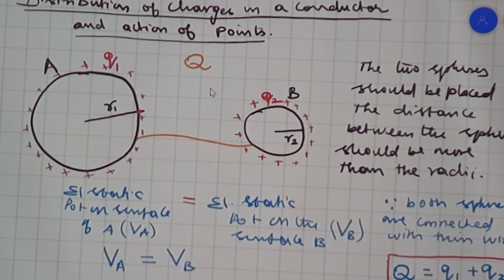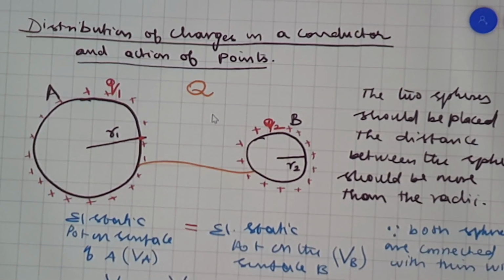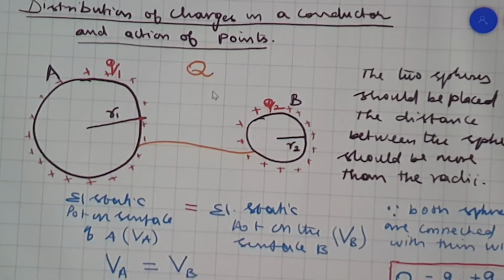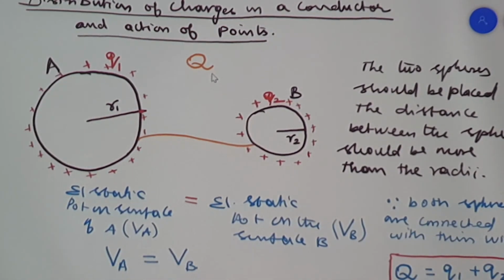So in order to study the distribution of charges in a conductor, we have to take two spheres of different radii, R1 and R2, and the two spheres are considered to be A and B. The two spheres are now joined with the help of a thin wire.